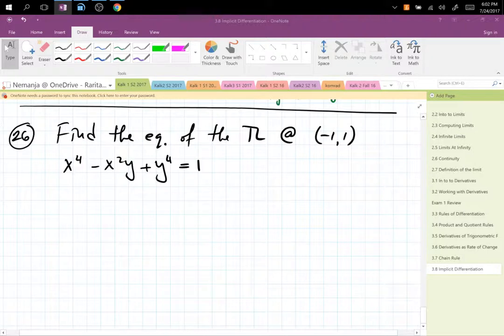You find the derivative, right? Then you plug the point to get the slope. All right, let's go. While we're still young.